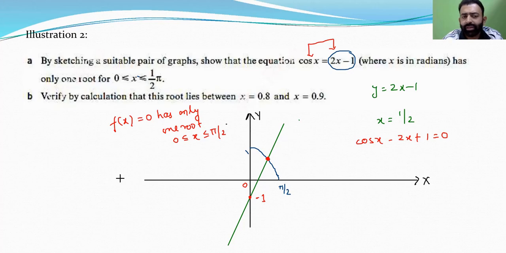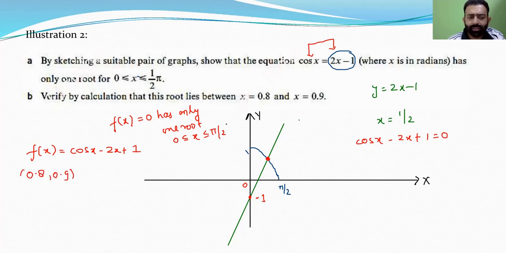B part says we have to verify by calculation that this root lies between x equal to 0.8 and 0.9, right? Since now we have a function which is f(x) equal to cos x minus 2x plus 1, we have to verify that there is a root which lies between 0.8 and 0.9. So now the work is very easy.